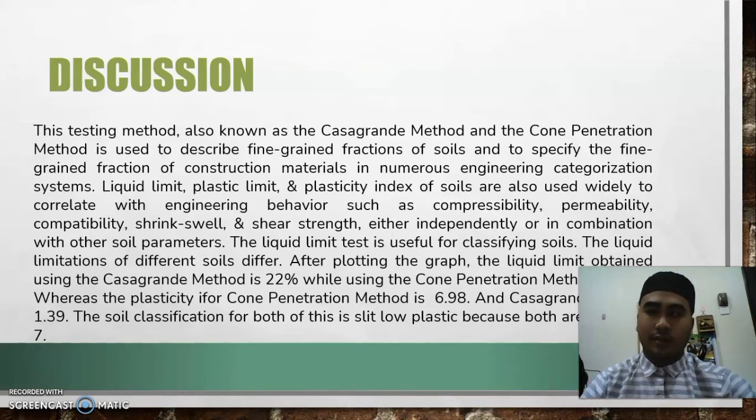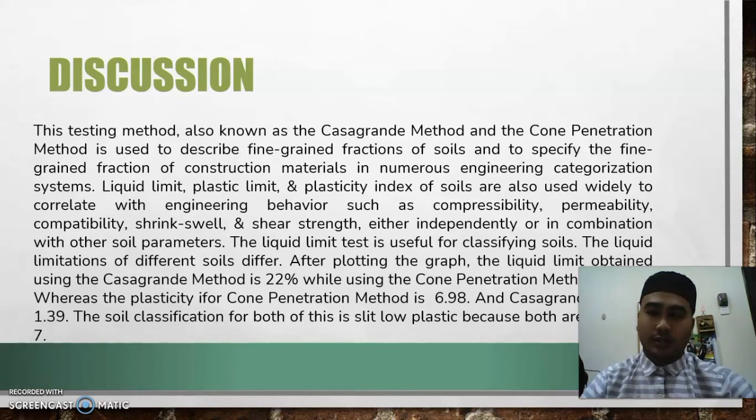Liquid limit, plastic limit, and plasticity index of soil are also used widely to correlate with engineering behavior such as compressibility, permeability, compactibility, shrink-swell, and shear strength, either independently or in combination with other soil parameters. The liquid limit test is useful for classifying soils.